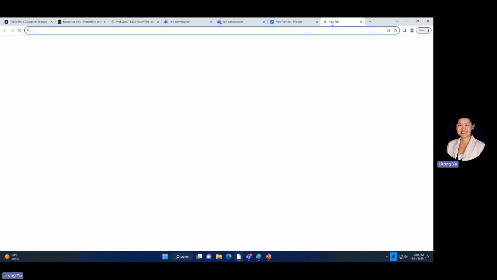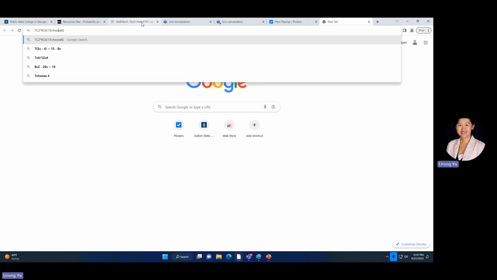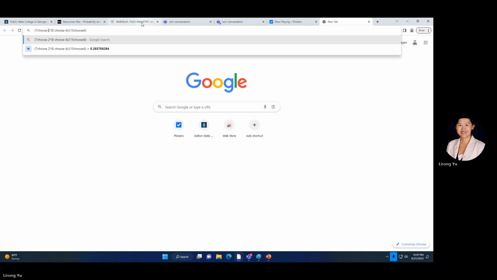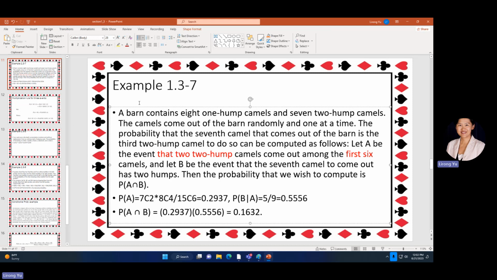Put it into a calculator: 15 choose 6 is the denominator, and the numerator should be 8 choose 4 and 7 choose 2, where 7 is the two-hump camels. Let me confirm the number here. If you calculate those combination numbers, you get 0.2937. So the number itself is the same as in the text. I think I have that coefficient wrong.